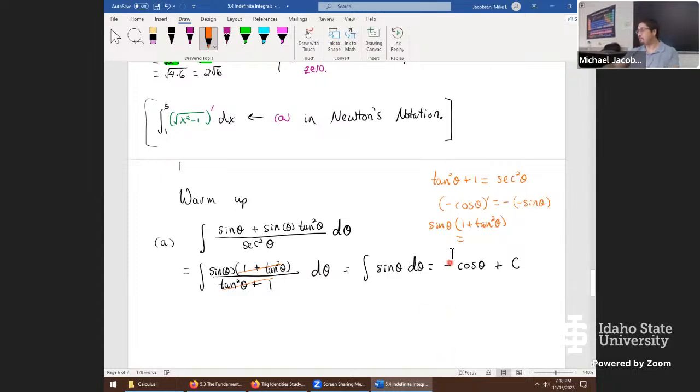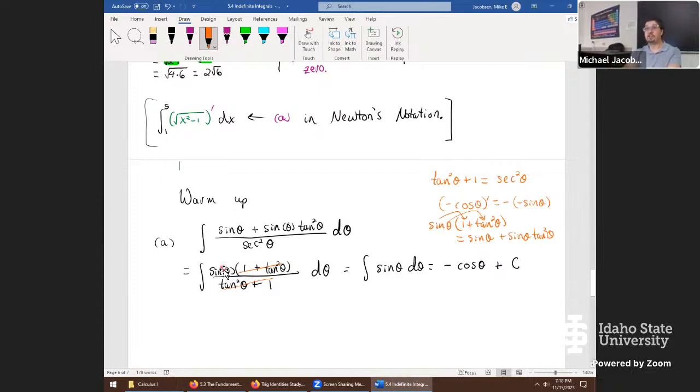If we distribute the sine through the product in the parentheses here, it would go here to here for sine theta, and then here to here to get plus sine theta tan squared theta. So because we factor it out, it essentially just lands in one spot. That makes sense there?